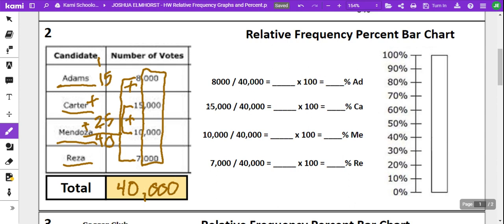So 40,000 votes, we can actually simplify this because we have all the zeros. So if we cross out the zeros here, thousands, thousands, thousands. So we have 8 out of 40, 15 out of 40, 10 out of 40, and 7 out of 40.